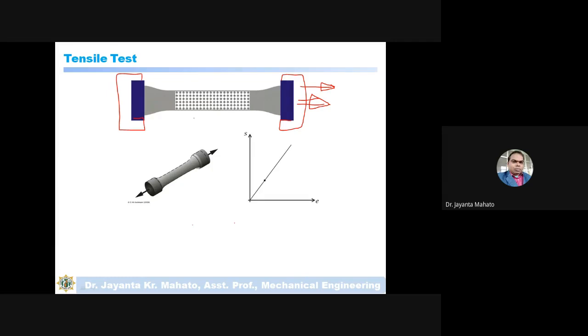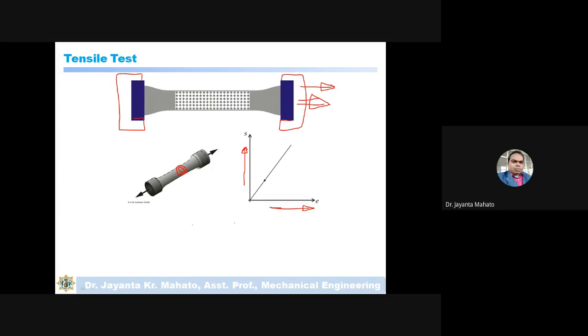So what will happen? This material will stretch. To elongate this rod, load will be required, and stress is nothing but load divided by this cross sectional area.